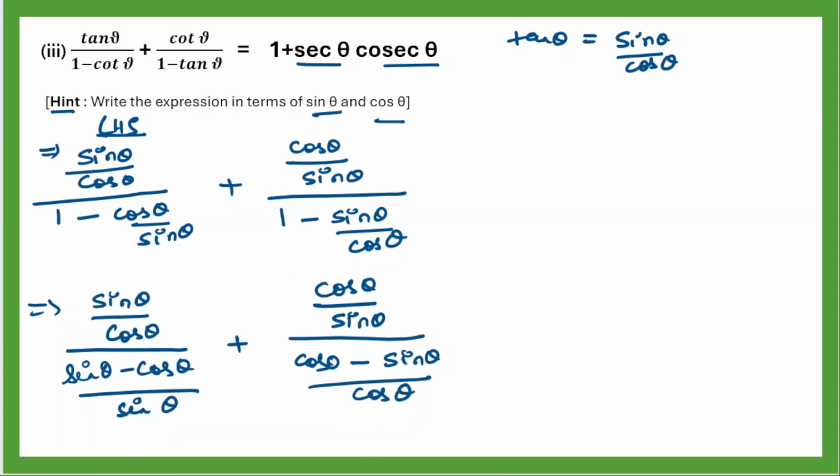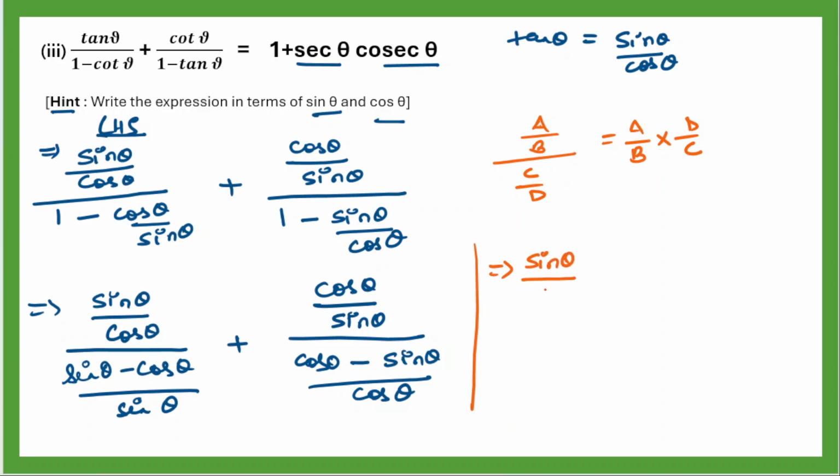Now you can see that it is of the form of a divided by b, whole divided by c. So we can write it as a divided by b into d divided by c. So your term will become sin theta divided by cos theta into, this will go upside, so it will be sin theta divided by sin theta minus cos theta.